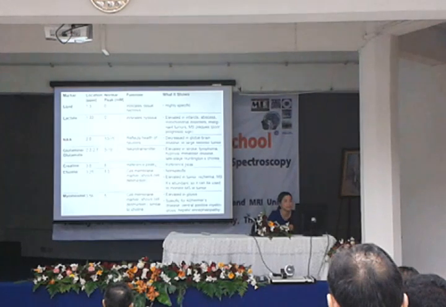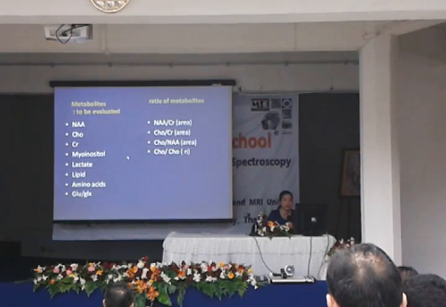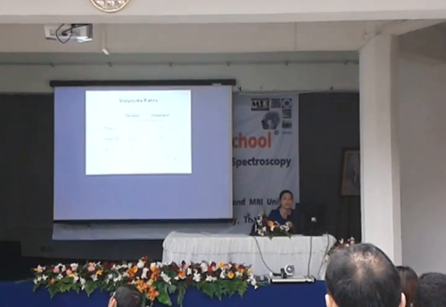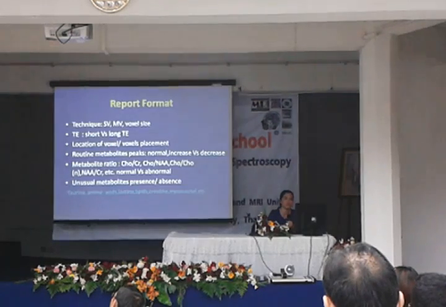Then we deal with short and intermediate TE, and we have to see the routine metabolites. We have to evaluate and calculate the ratios, the area ratio of NAA to creatine or choline to creatine, and have to remember the magic numbers. If the ratio is abnormal, we have to know which ratio to look for.